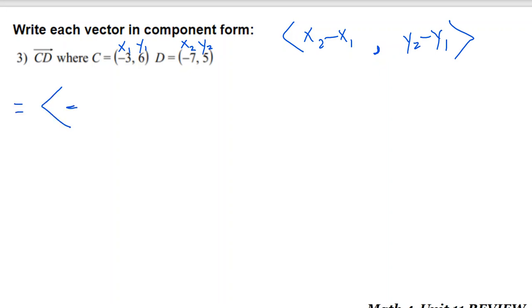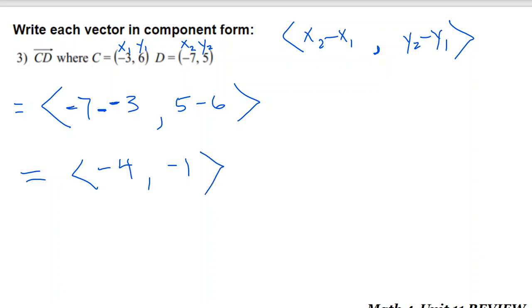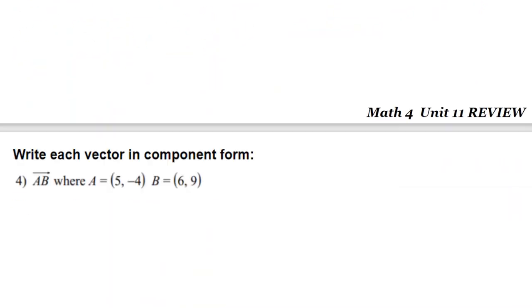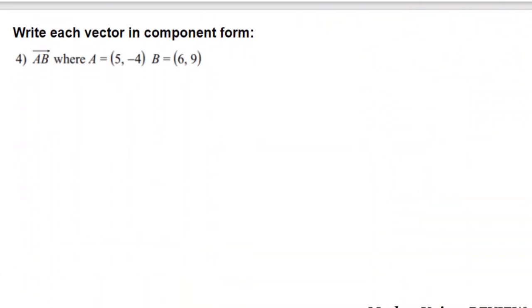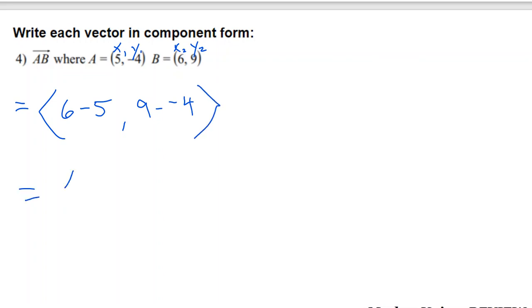So we're going to say that minus that, comma, 5 minus 6, which is going to give us -4 and -1. Here we're going to say 6 minus 5, and then 9 minus -4. That should give us 1 and 13.